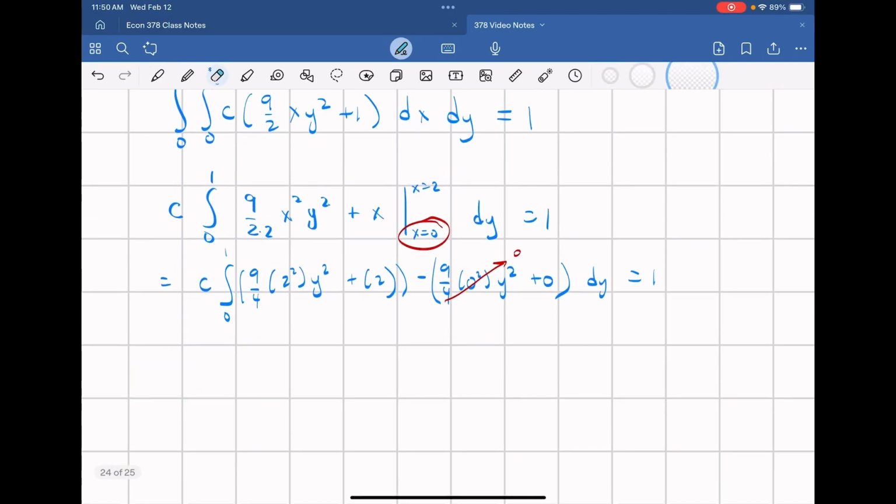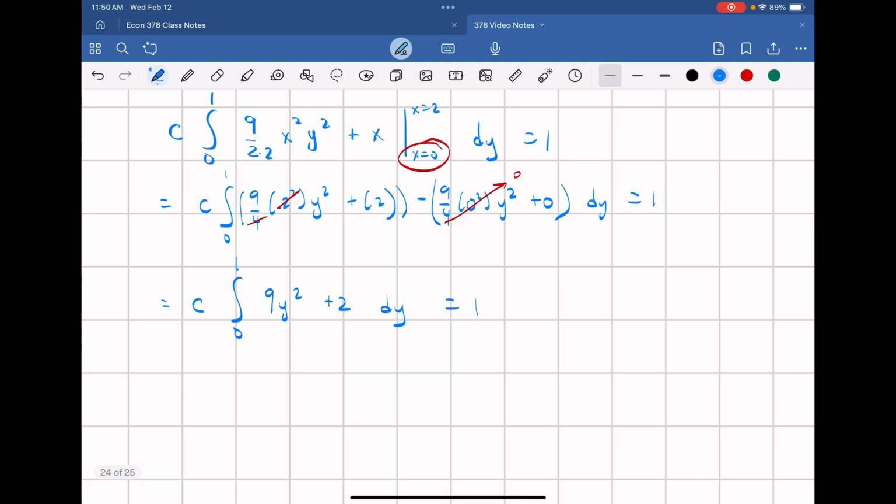So now I'm left with c, the integral from 0 to 1. Now this 4 is going to cancel with that 4. And so I'll have 9y squared plus 2 dy is equal to 1. Now I integrate with respect to y. And so I get 9y cubed over 3 plus 2y evaluated when y is equal to 1 and y is equal to 0, and that equals 1.